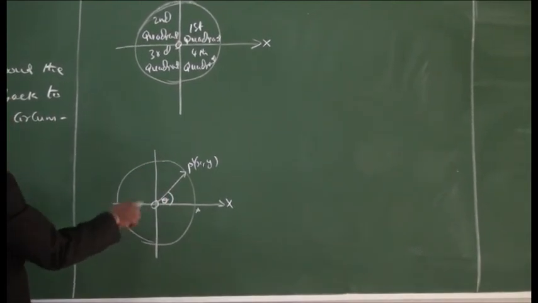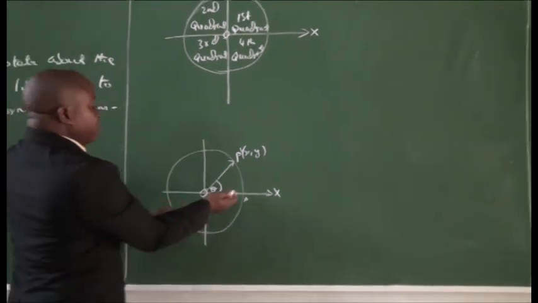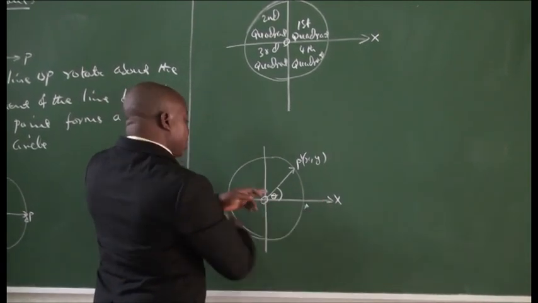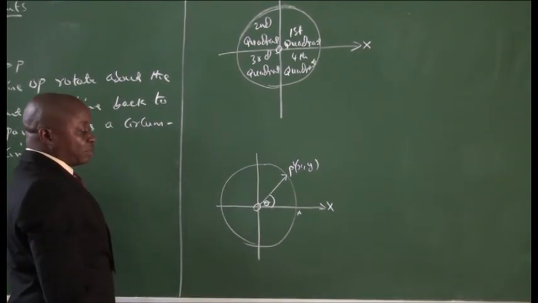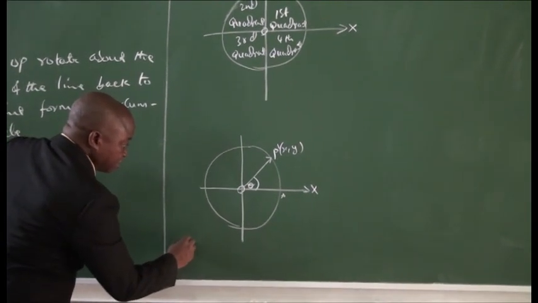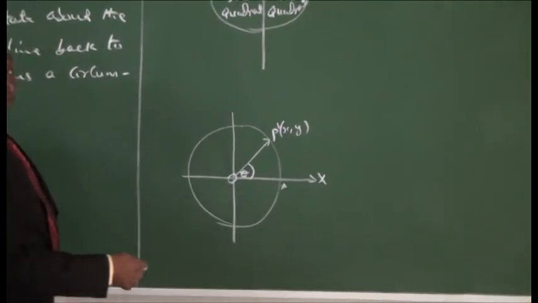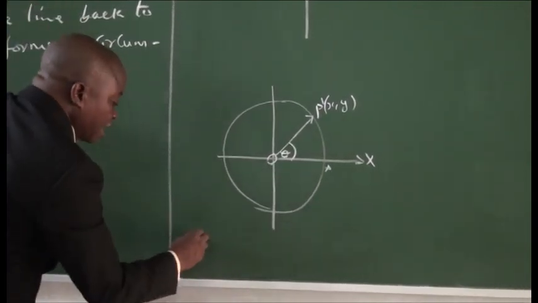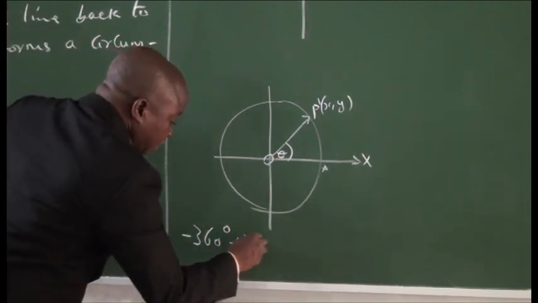Now let theta, for instance, be 30 degrees. So if the movement is this way and it forms angle 30, then I can also measure its equivalent when it moves in the clockwise direction. We know that a complete cycle is 360 degrees. But because it's moving clockwise, I have minus 360 degrees plus 30 degrees.